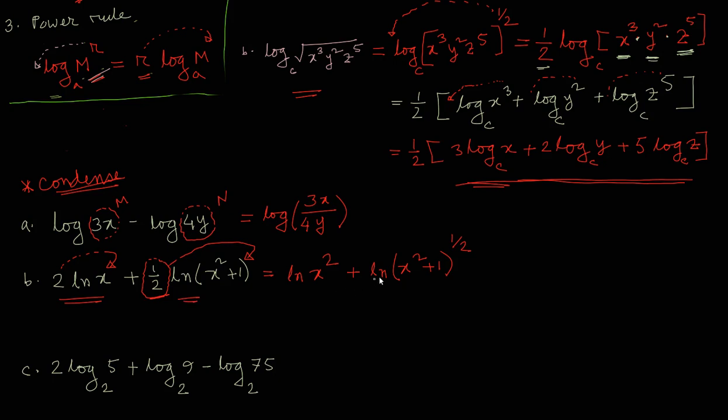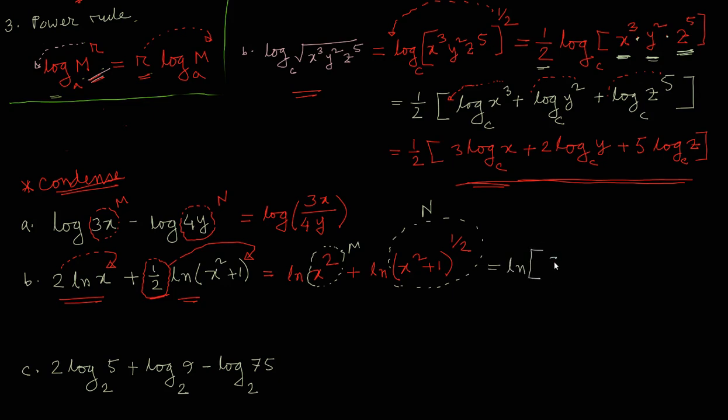So we are done with this expression. Now let's say this expression is m, and this expression is n. So what I have is logarithm m plus logarithm n. It is basically the product rule. So I can write natural logarithm of m multiplied by n.